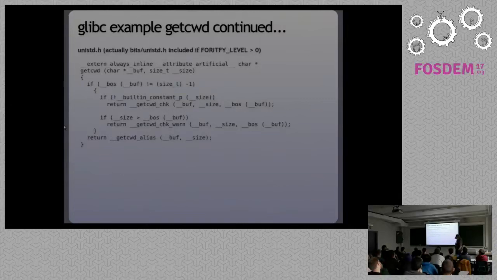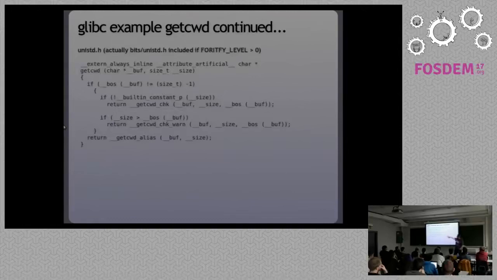Let's see, why does this? Oh yeah. So if it is a constant, we are here, then we check the constant against the compiler constant, and we call the function with the warning.